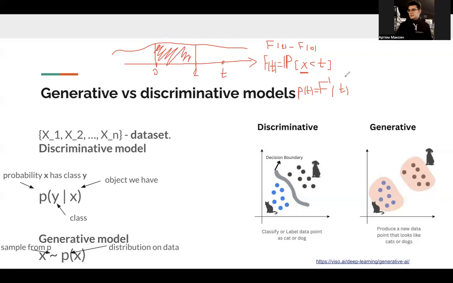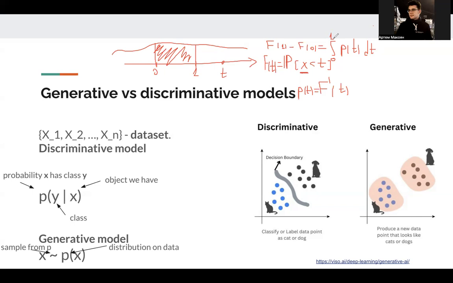It's simple calculus, because the density is the derivative, from 0 to 1.